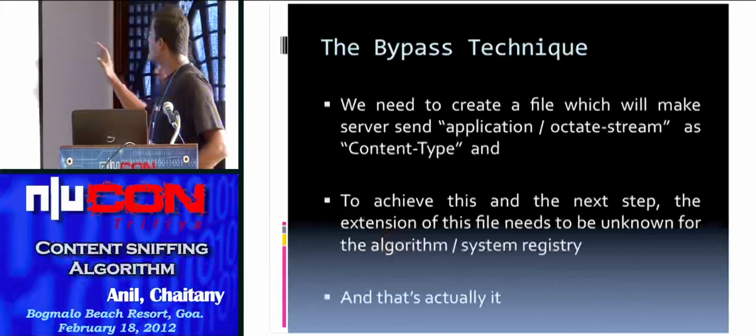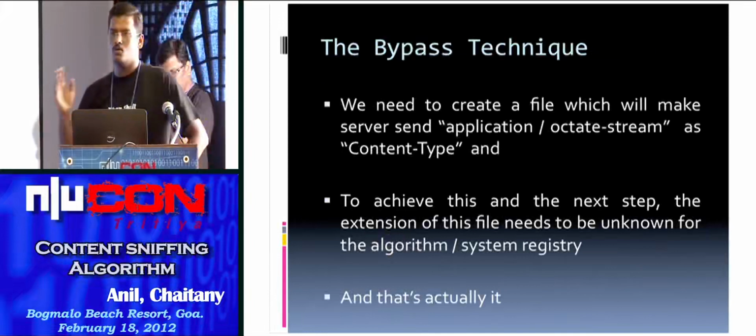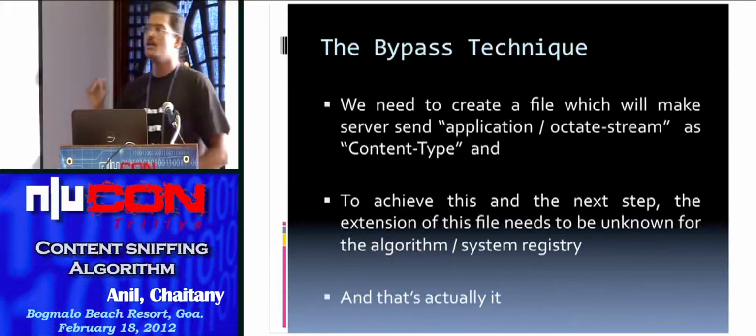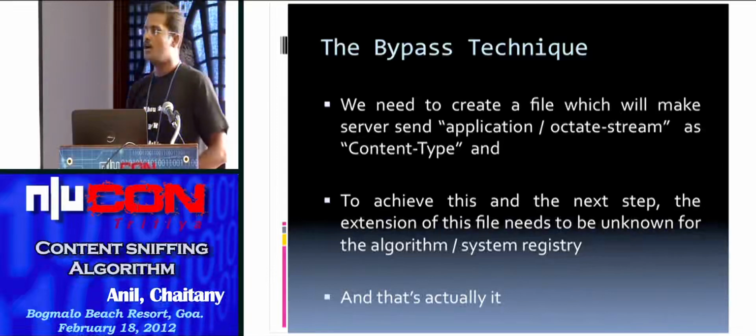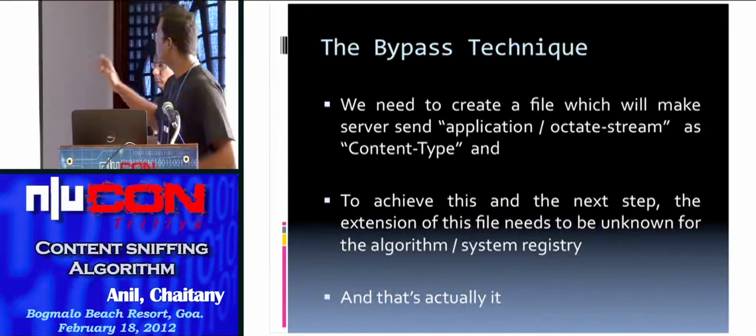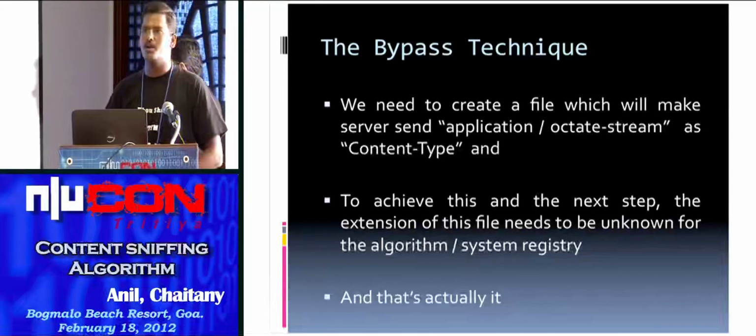So here what we are actually doing is configuring a server, or we can say the server should be misconfigured. These are dependencies, basically. The server should be misconfigured and it should be sending unknown file type as application/octet-stream.